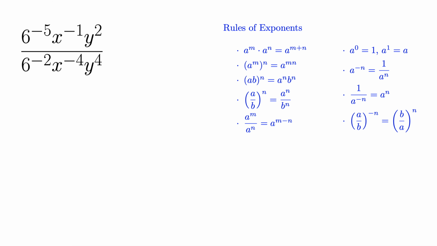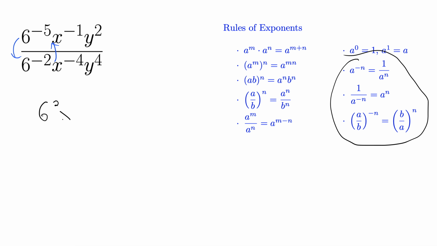All right, so first, I'm going to use these rules of negative exponents to move things around a little bit. So this 6 to the negative 5 is coming down, this 6 to the negative 2 is going up, x to the negative 1 is going down, x to the negative 4 is going up. All right, so what that gives us is 6 squared x to the 4th y squared over, okay, now 6 to the 5th went down, so 6 to the 5th, x to the negative 1 came down as x to the 1, and then y to the 4th is still down there.